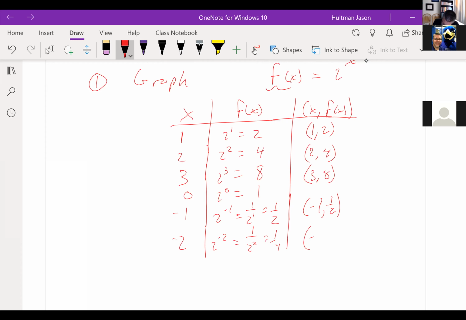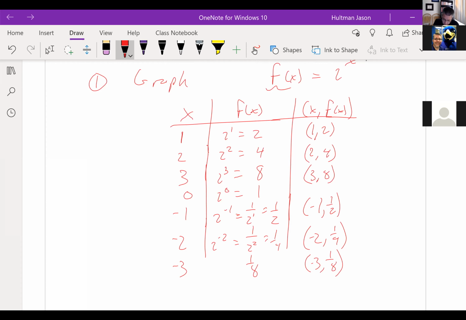If I get these negatives, I'm going to get values under 1, 1 over the positive value. So this is 1/4. And then what about negative 3? That would be 1/8. So this is negative 3 and 1/8.